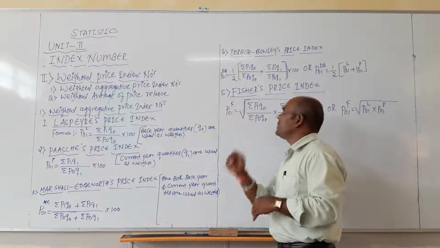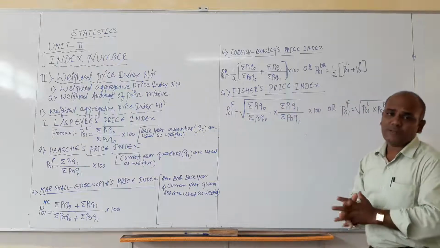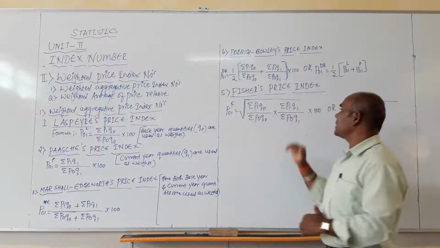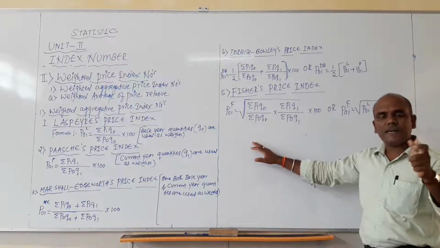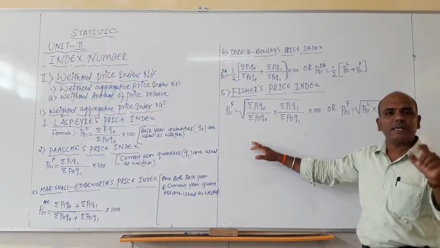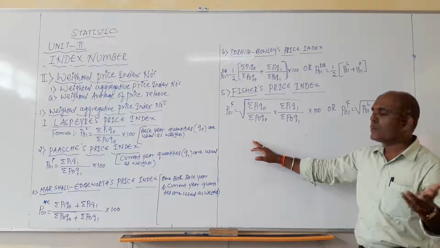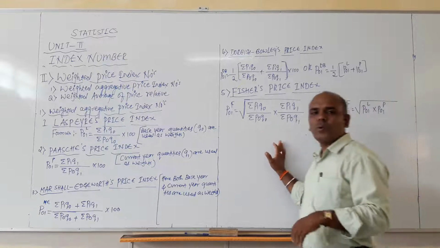And the last one, Fisher's price index. This is totally different, and Fisher's index number is also called an ideal index number because it is based on the geometric mean.